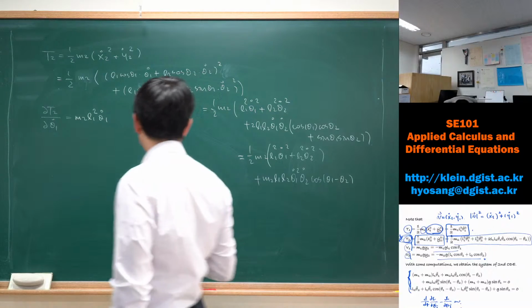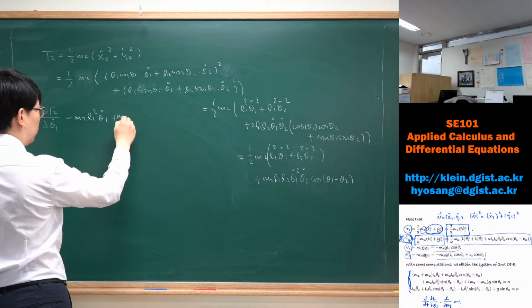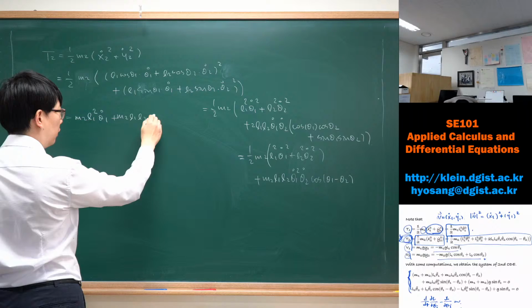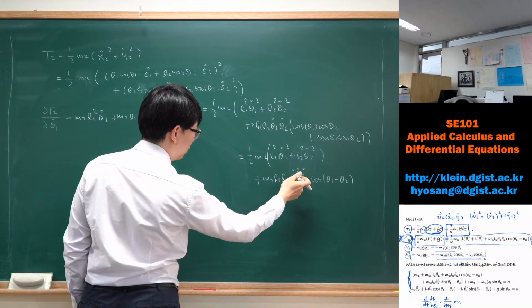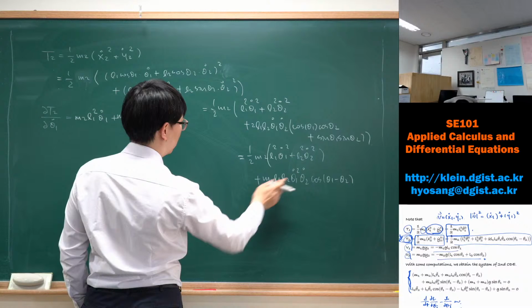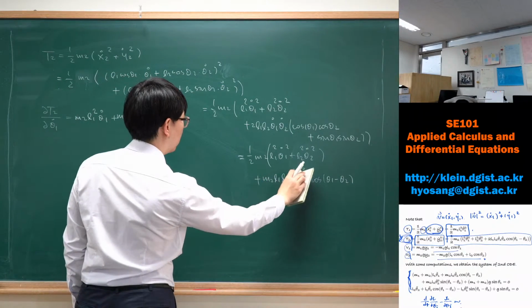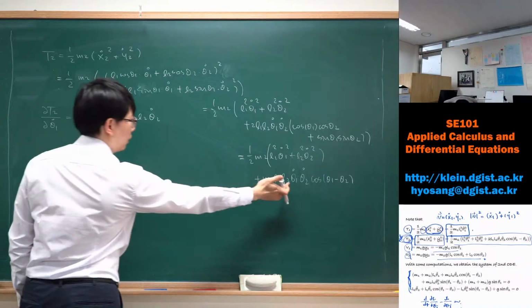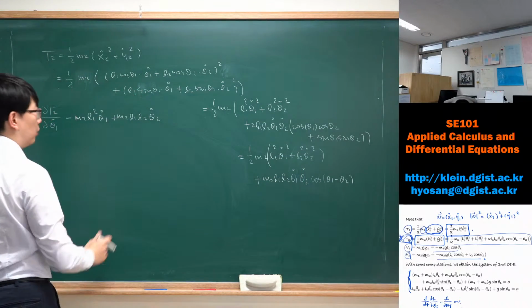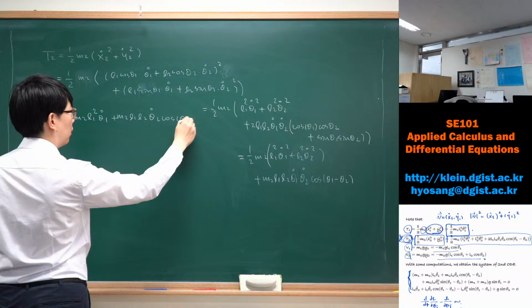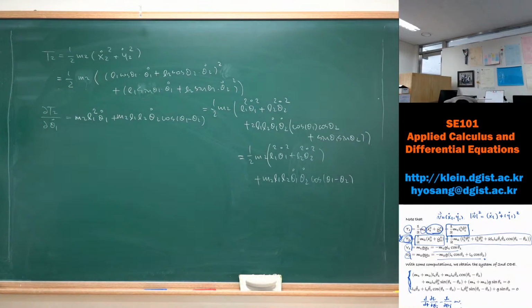And for this one, we have m2 L1 L2 theta 2 dot, because theta 1 dot is of order 1, so there's no square, and then cosine theta 1 minus theta 2. So that's the partial derivative.